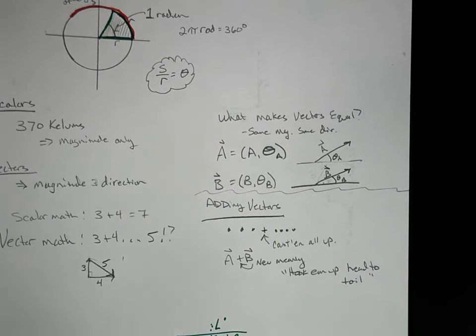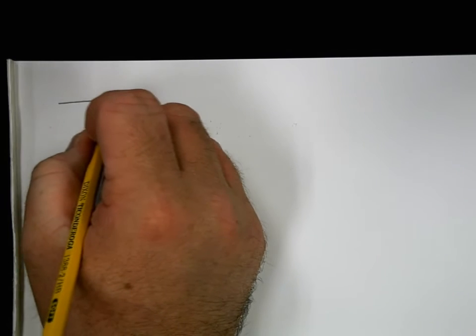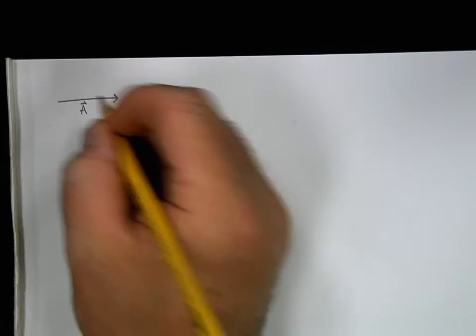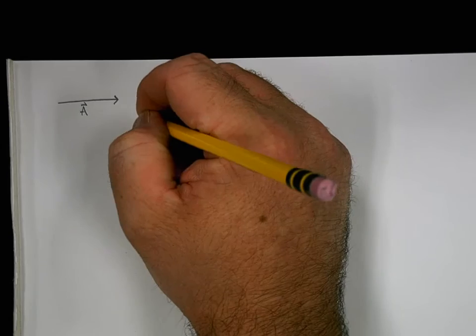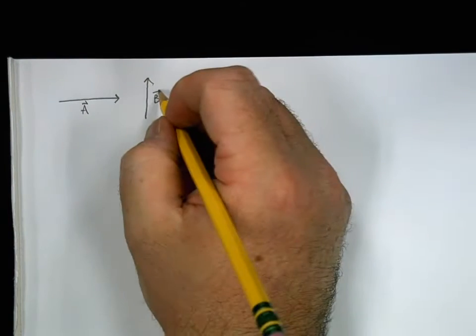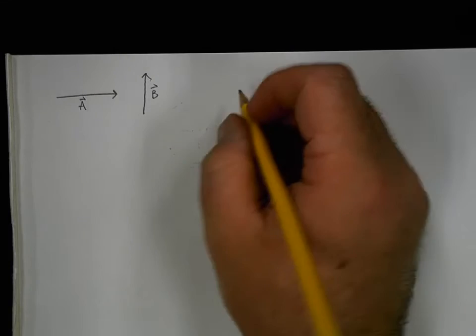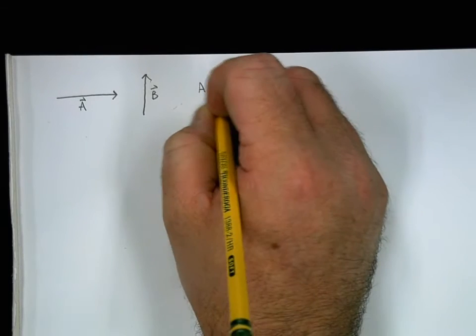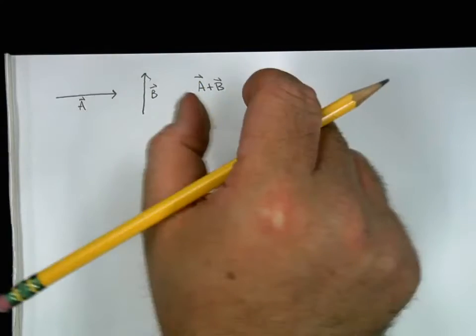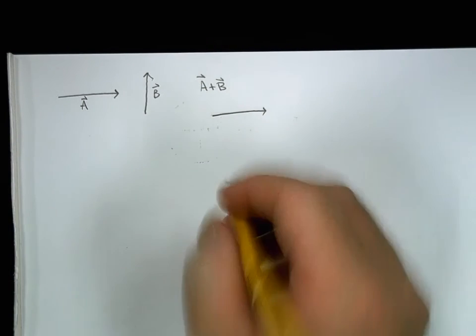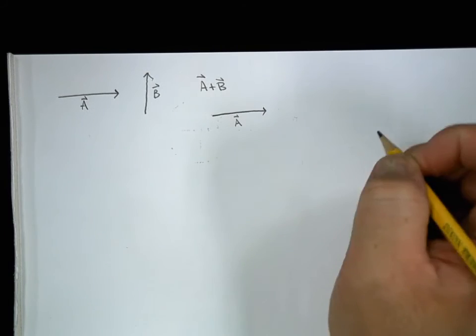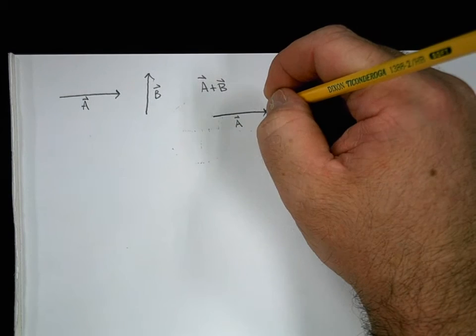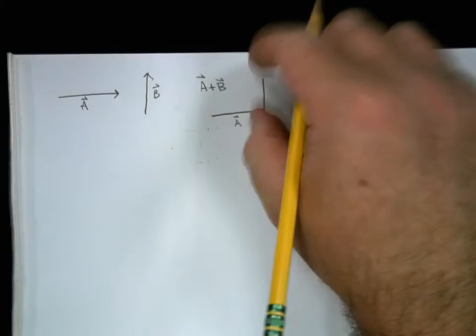So when we're adding vectors, we hook them up head to tail. Let's get a new sheet out here. So we have vector A, and vector B. When we add them together, A plus B, I can create the same vector, same angle, same length, and then I hook it up to B. So I pick it up and put it down, and I keep the same length and same angle.